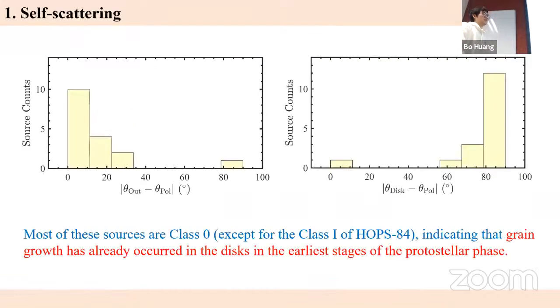So to come to the conclusion. For the scattering, we find 16 sources have scattering. Most of them are class 0, with only one case of class 1, indicating that grain growth has already occurred in the disk in the earlier stage of the protostellar phase.